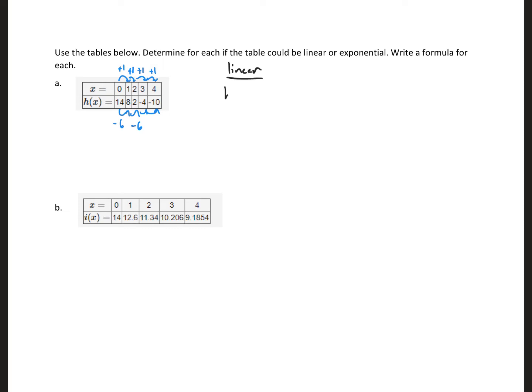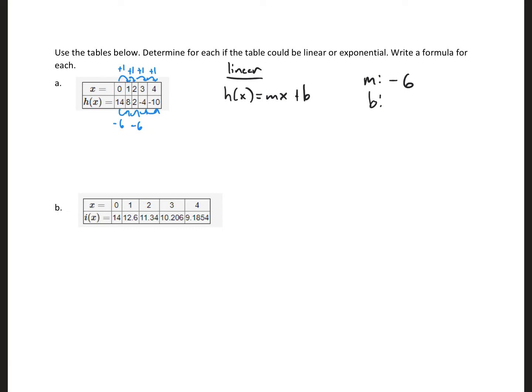So h of x is going to be in the form mx plus b. M is the amount the output changes as the input increases by 1. Since as the input is increasing by 1, the output is going down by 6, the slope is -6. B is the vertical intercept.